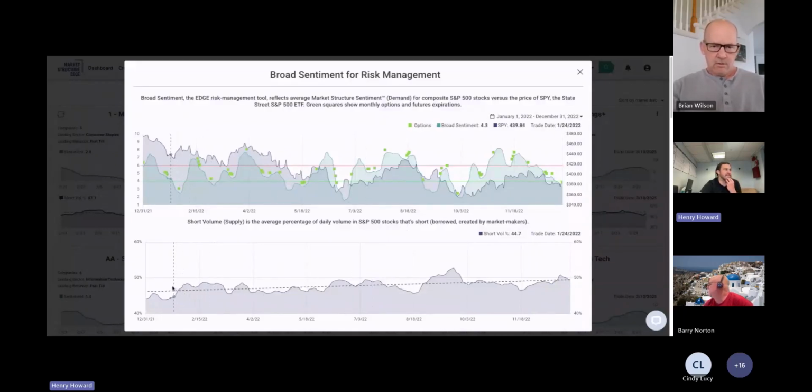And what I'm finding here is that all of these troughs and peaks are very tradable. But for re-entry and reallocation, what I'm looking for is an alignment of both low short volume and a bottom in sentiment.